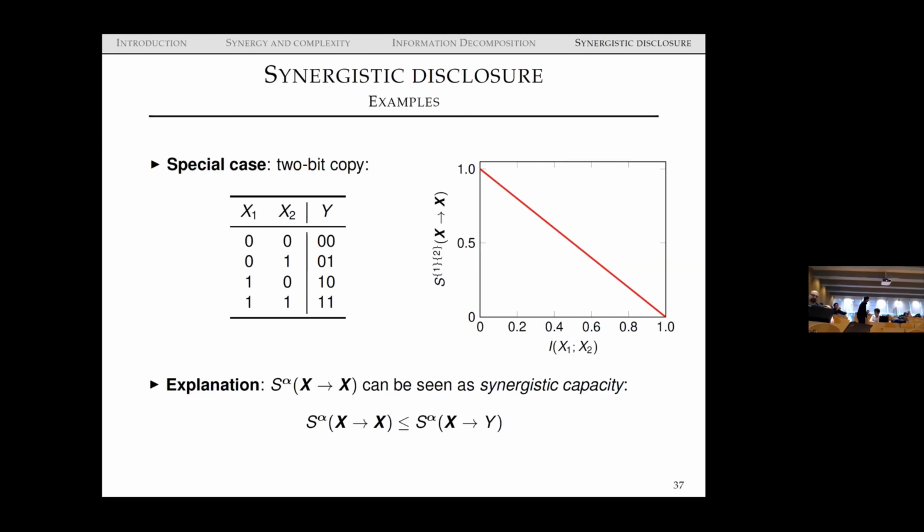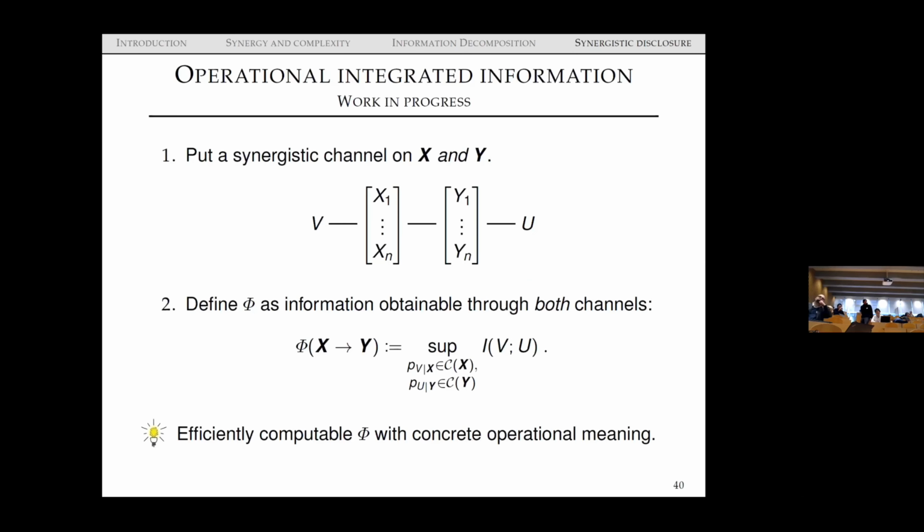So coming back to my question, how would you define phi with this information decomposition method? As I said, you can interpret existing measures with this method, but I think you can come up with a better one. You can do two things.